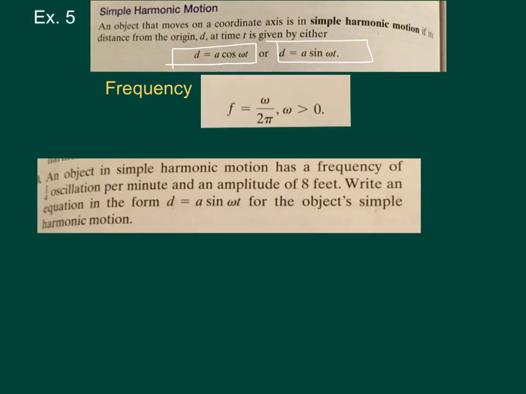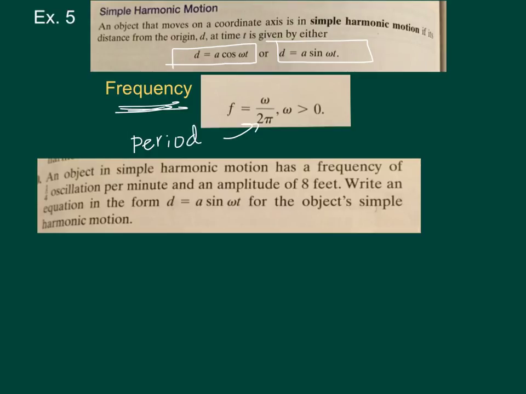And then your period is 2 pi over W. The frequency, which is the cycle or how often it repeats, is given by this formula, which is W over 2 pi. And remember, 2 pi is your period.